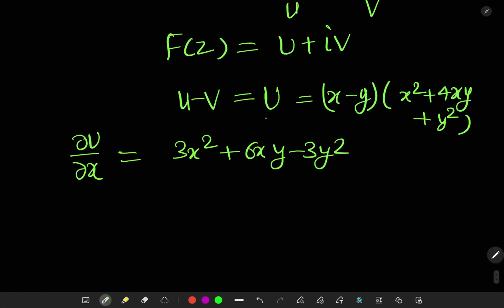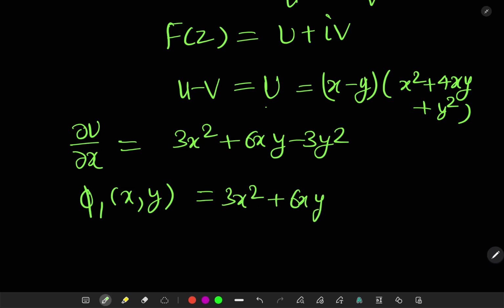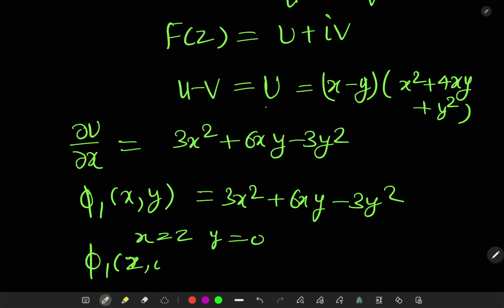On differentiation we get this value, and let this value be phi 1. Similarly we put x equals z and y equals 0. So phi 1 z comma 0 equals 3z square.